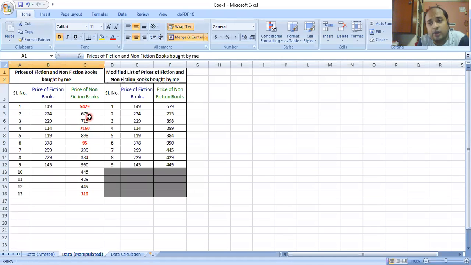There is also a technical point for which I have done so, but I am going to tell you later on, not now. 95 has been omitted because it is too low a price. If I put 95 over here, it is a two-digit price, so the parity will not be maintained. So I have omitted 95.